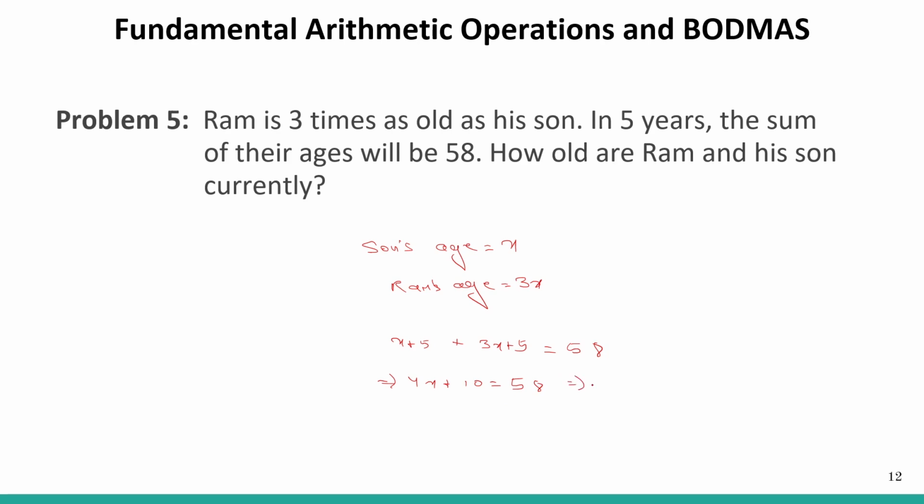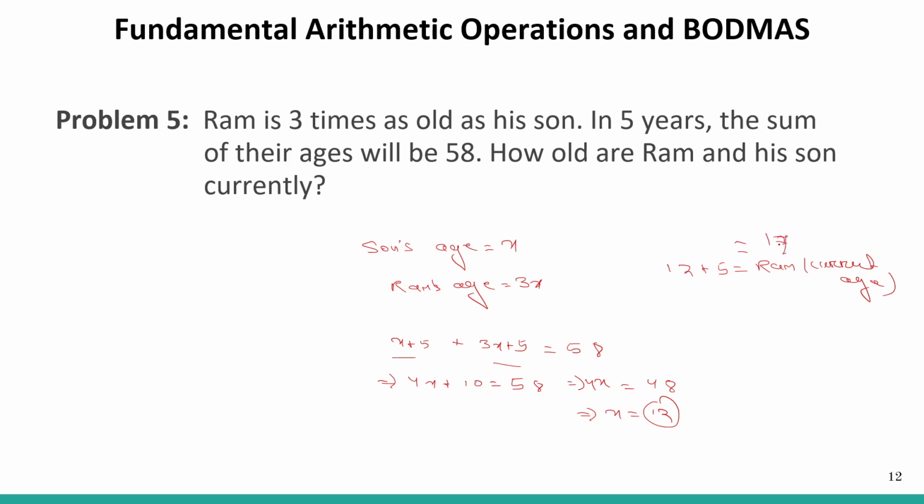So 4x is equal to 48, which implies x is equal to 12. 12 is the answer. It asks how old Ram and his son are currently. Currently their ages are x plus 5 and 3x plus 5. So the son's current age is 12 plus 5, which is equal to 17.